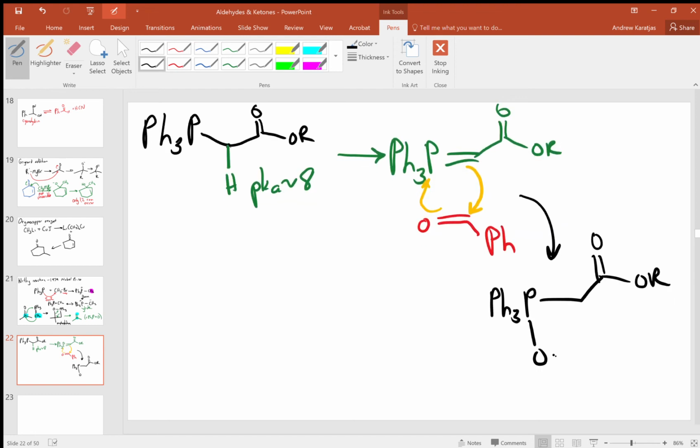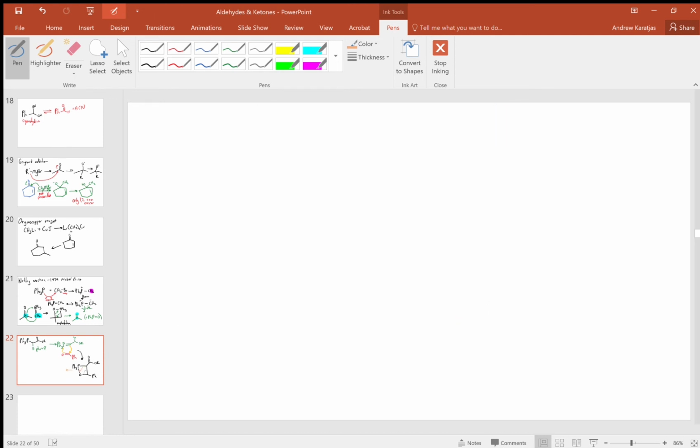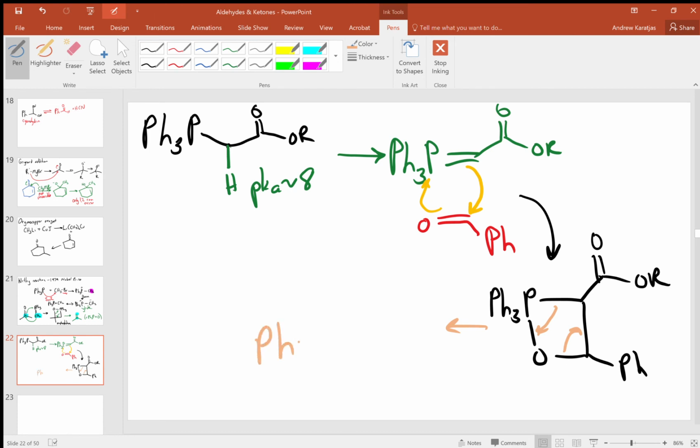Again, this is going to give us our four-membered ring as the intermediate, and that four-membered ring can break down to give us our product. And this reaction will always prefer to give us the trans alkene because it's more stable.